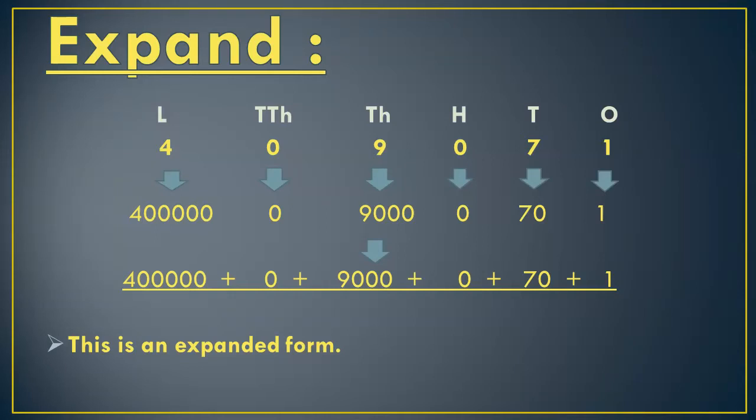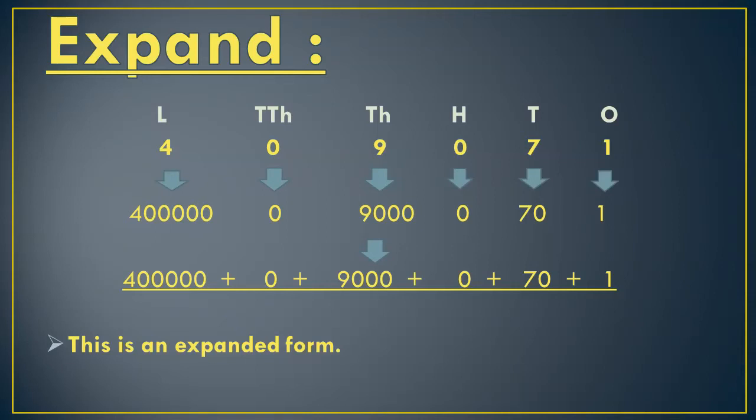Once again we have 0 in the hundred place. So the place value is 0. 7 is in the tens place. So the place value is 70. Now 1 is in the ones place. So the place value is 1. So this is the expanded form of this number.